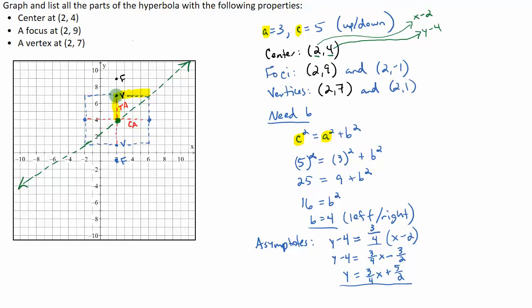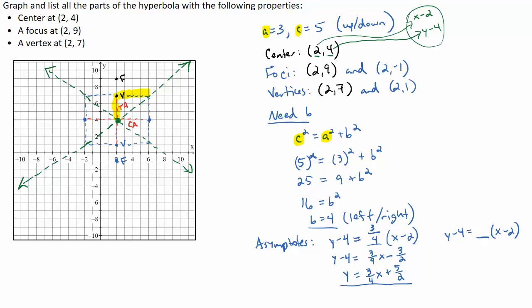Now we need the equation of the other asymptote, which is very similar. Once again, this asymptote goes through the center, so I'm still going to use this x and this y in my equation. So I'll have y minus 4 equals my slope, which we'll determine later, times x minus 2.